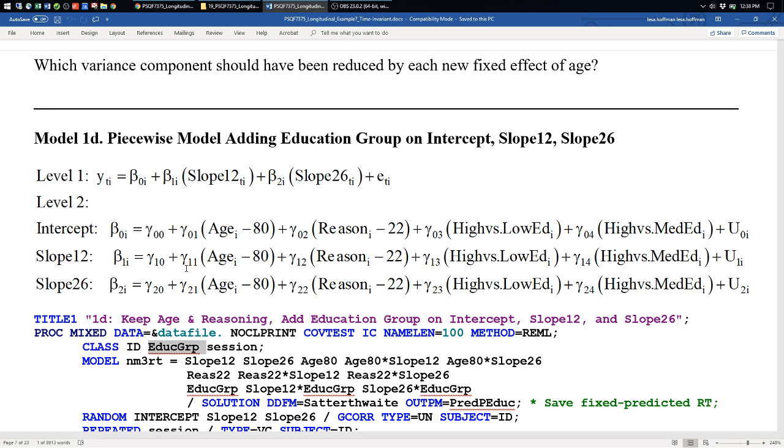Other choices, what else could I have done? I could have put these in as continuous, created my own dummy codes like we did for dementia group. Another type of contrast that I sometimes use doesn't make as much sense in this group, but for example, so you get bonus points for showing up. I'm going to write on the board, let's say that you have something like group 1 is a majority group of some kind.